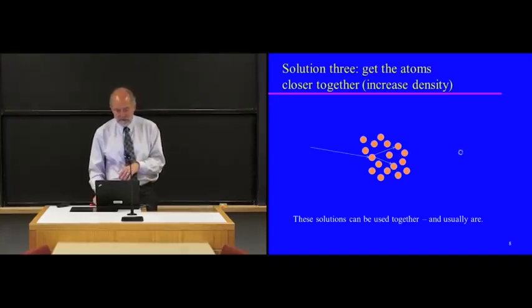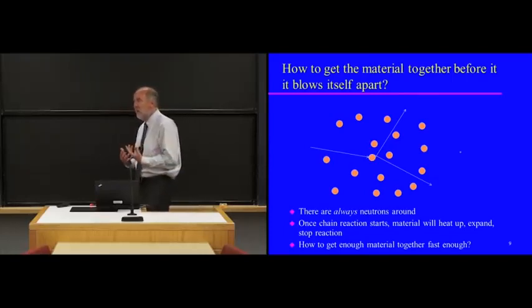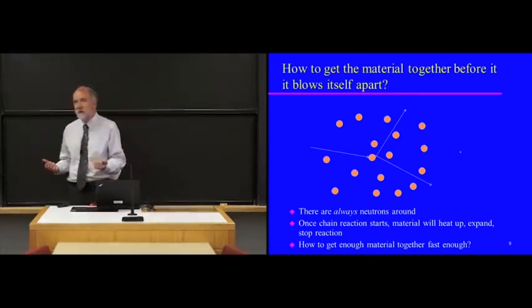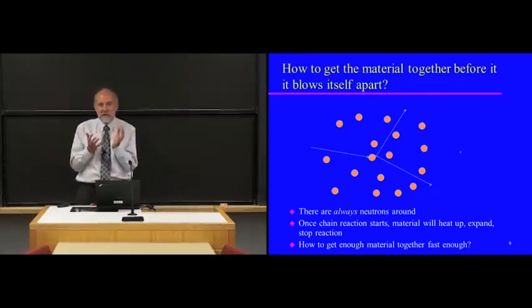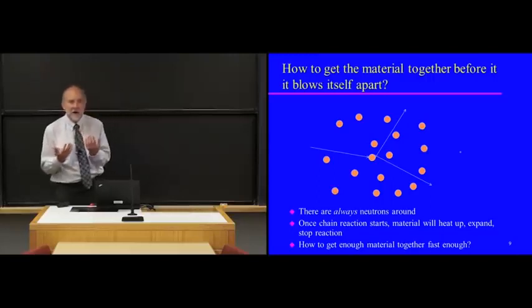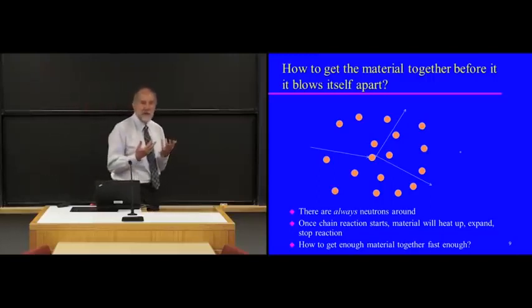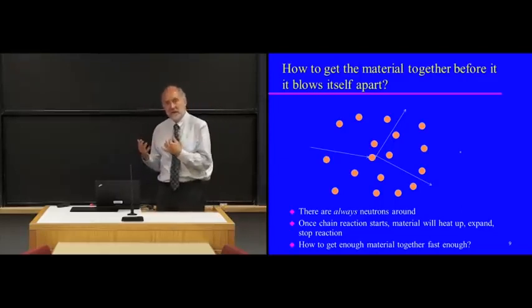Okay, now, what's going to happen when this chain reaction starts happening? What happens is this energy is getting released, and it gets released incredibly fast. These reactions take place in times measured in billionths of a second.